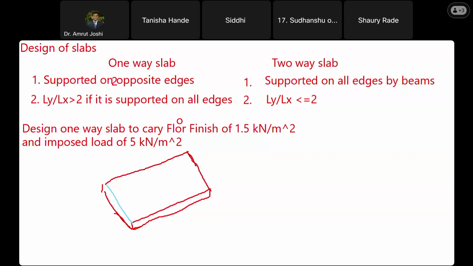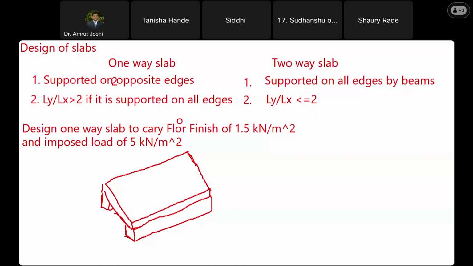Yes, sir. Now this slab must be supported on two opposite edges by beams. One of the beams may be this. Let me draw that. This edge is supported by a beam like this, and the other edge is also supported by a beam like this.